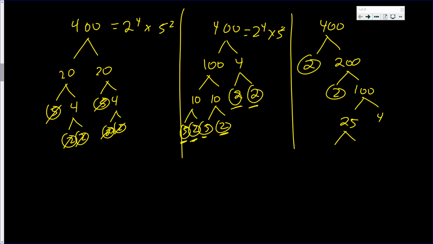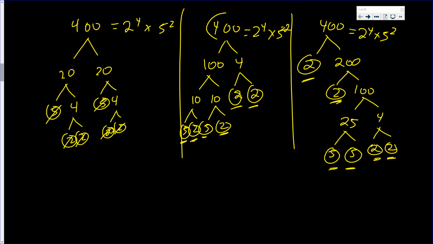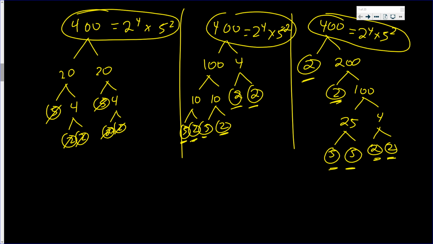And 25 factors to 5 times 5, and those are prime. And 4 is 2 times 2. And once again, 1, 2, 3, 4 factors of 2 times 2 factors of 5. We get the same answer. As long as we don't make a mistake, we get the same answer regardless of how it's done.